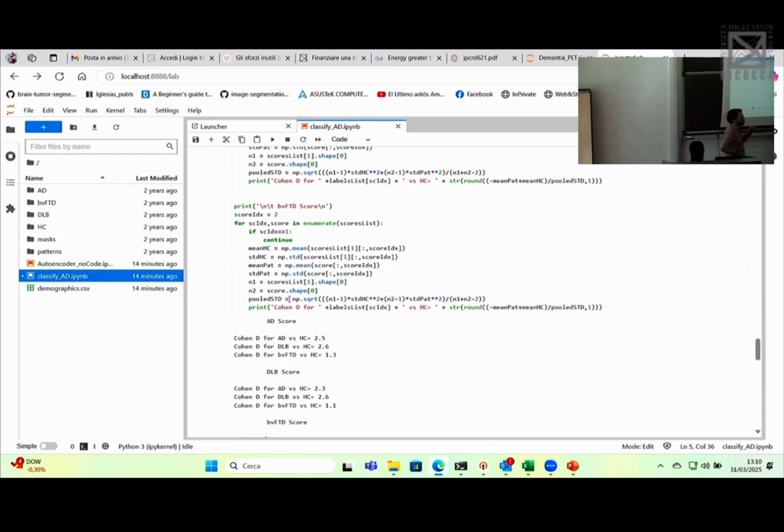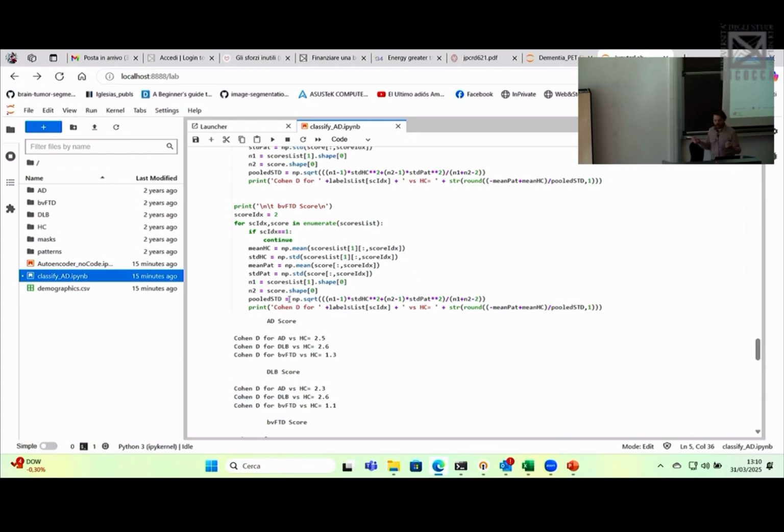Basically, it's the ratio between the difference of the means and the pooled standard deviation, which tells you how separated two distributions are, in terms of if you pick one single subject from one distribution or the other, how well you can recognize them.